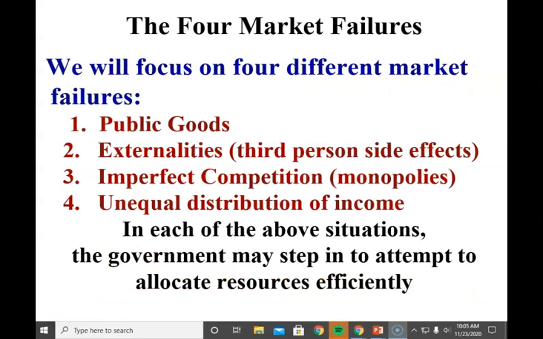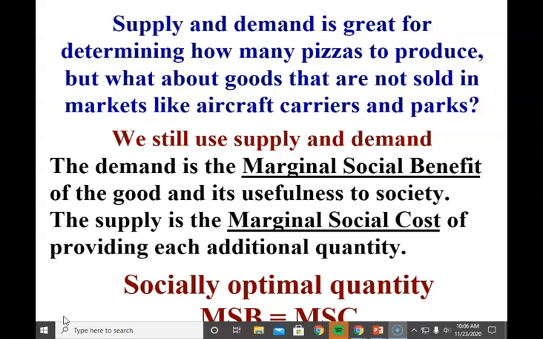In this unit, we're going to focus on 4 market failures: public goods, externalities, imperfect competition, and an unequal distribution of income. In each of these situations, the government may step in to attempt to allocate resources efficiently. So we're concerned with goods that are not sold in markets like consumer goods, so things like aircraft carriers and parks.